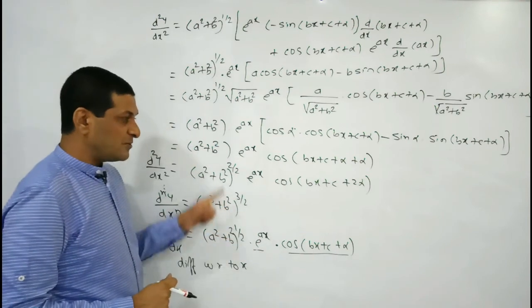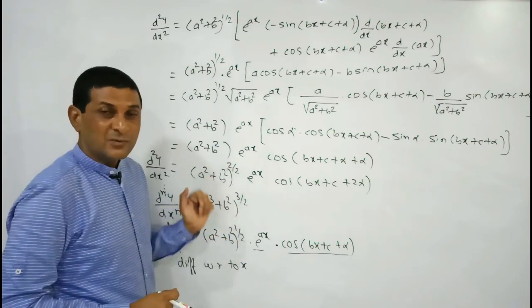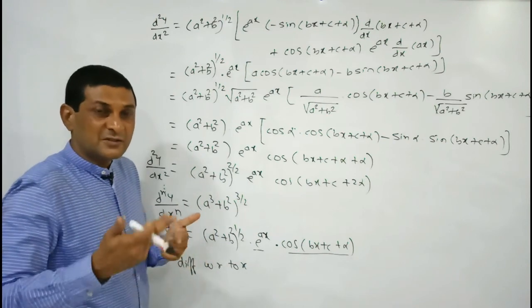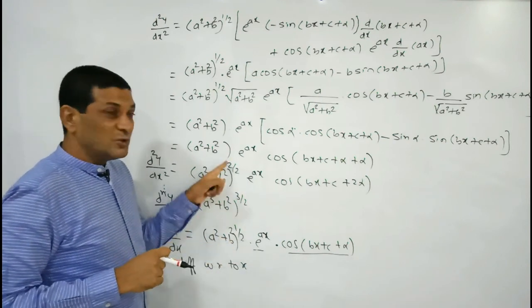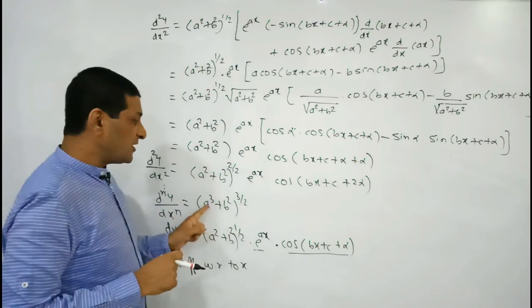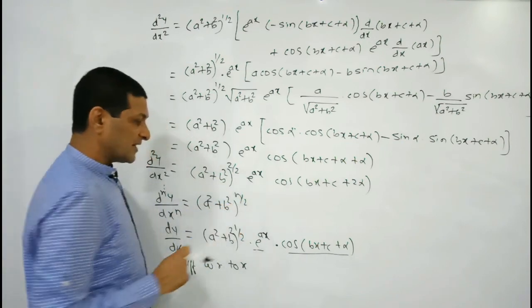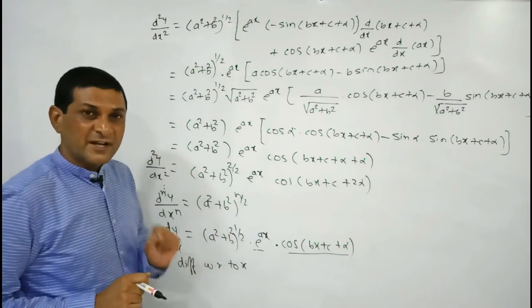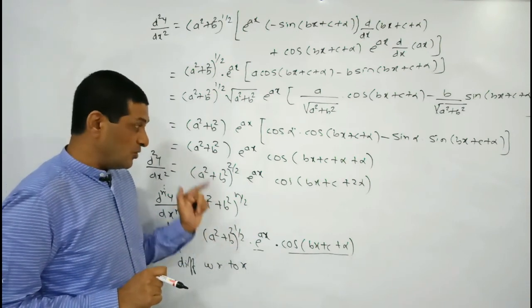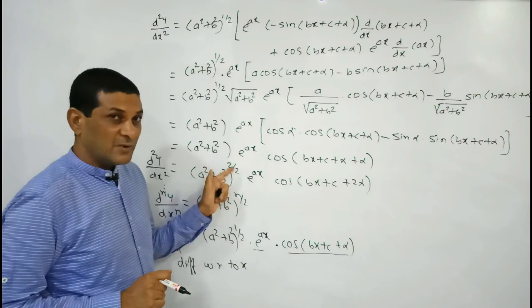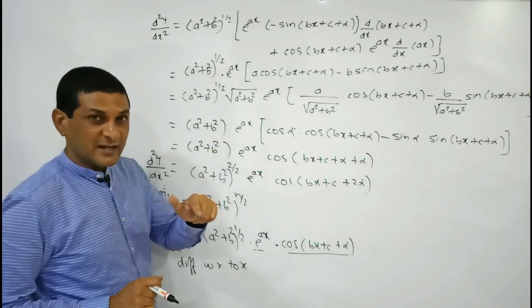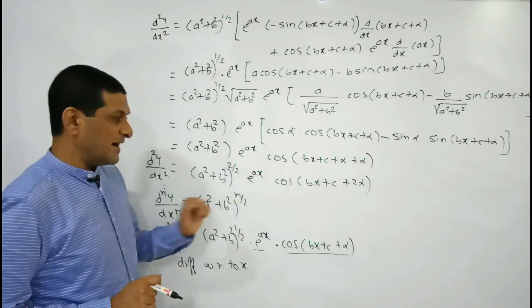First order में 1 by 2 है, second order derivative में 2 by 2 है, तो third order derivative में 3 by 2 होगा. 1 by 2, 2 by 2, 3 by 2, तो nth order derivative में हमें n by 2 मिलेगा. Again observe here, power in first order derivative is what? 1 by 2. Second order में 2 by 2, third order में 3 by 2 मिलेगा और nth order derivative में n by 2 मिलेगा.